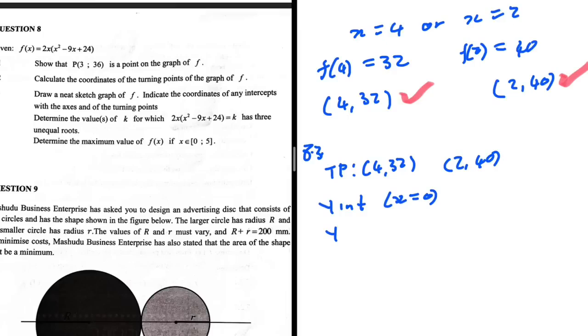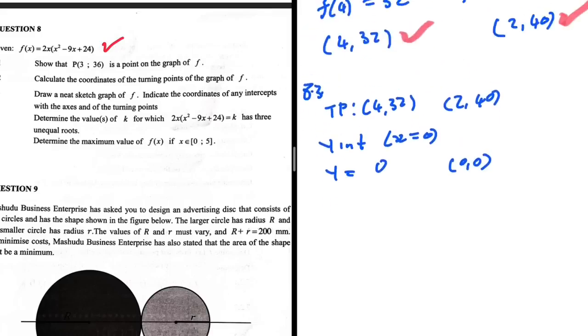If we substitute 0 into this equation, everything cancels out and we just end up with y equal to 0. So this is the coordinate 0 and 0, which is also one x-intercept.